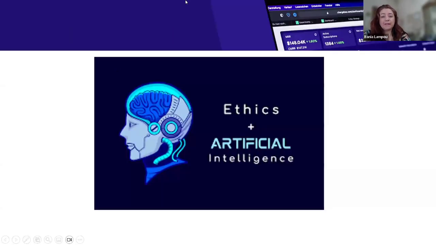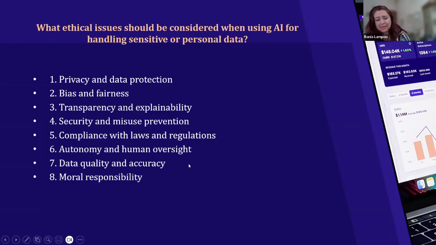So, of course, the ethical considerations are there, ethical issues that should be considered when you use AI for handling sensitive or personal data. I can tell you an example of this dilemma. Maybe you want to conduct, let's suppose, a research on social media profiles, okay, using AI.